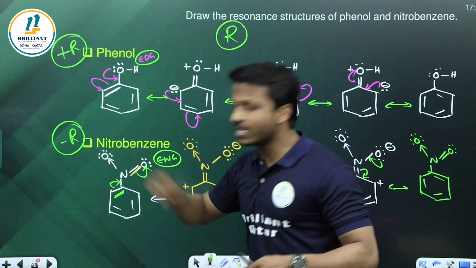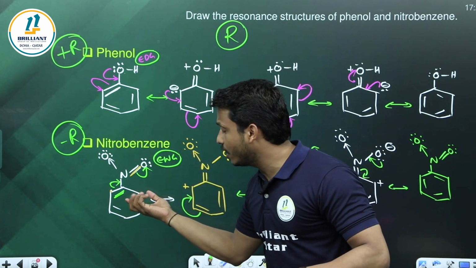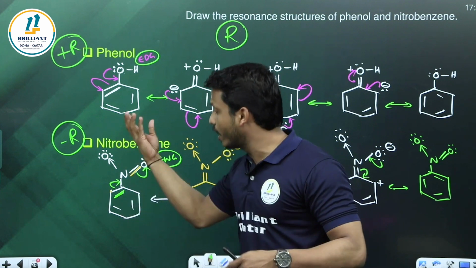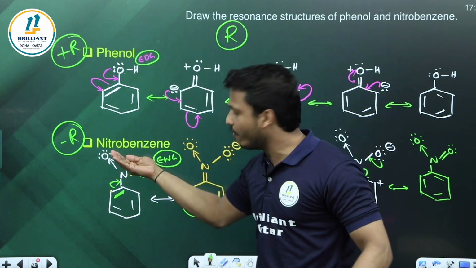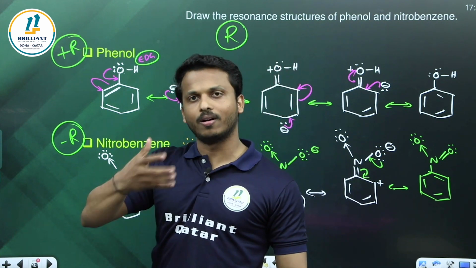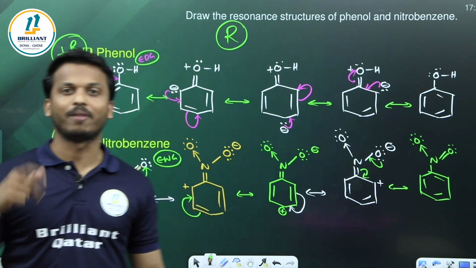Whereas in minus R effect, when an electron withdrawing group is present, the electron shift happens towards the group, or away from the benzene ring. So here towards the benzene ring, here away from the benzene ring, electron movement is taking place. This is the difference between plus R and minus R.